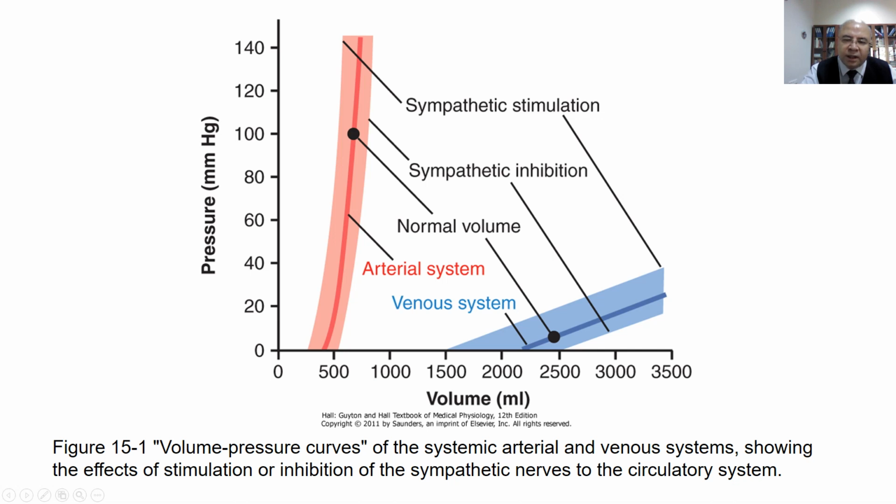Here you see the sympathetic inhibition point and the sympathetic excitation point. So the difference between these two is quite large, about 1000 milliliters, or 1 liter of blood. Okay? So this is very important, especially if the person has bleeding or hemorrhage. We also call it hemorrhage in medicine.